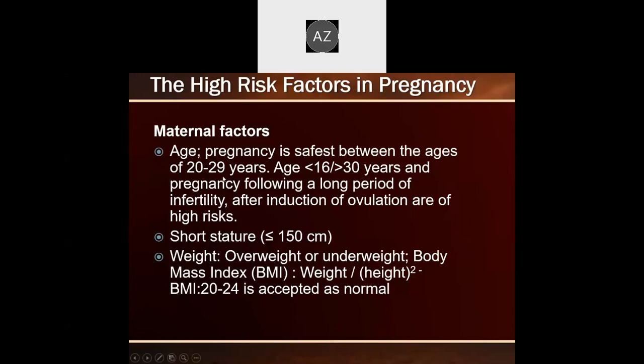So maternal factors: age between 20 and 29 are the best ages for birth. Below 16 and above 30, these are at risk. Then short stature, below 150 centimeters in height. Then the BMI that is below 20 and above 24.